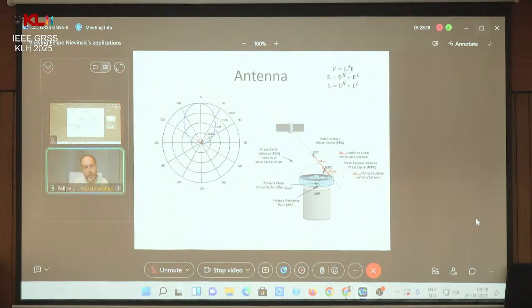So at this point, when your signal is no longer a radio wave and it's a voltage in the cable, you can no longer separate the two, depending on how your antenna was designed.